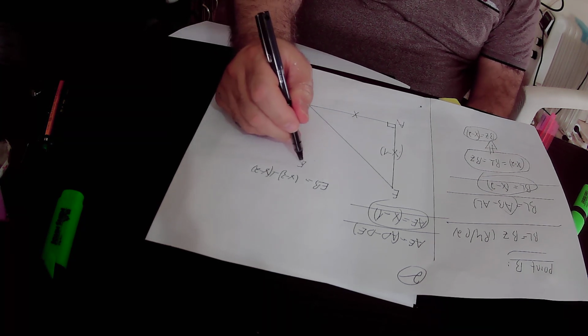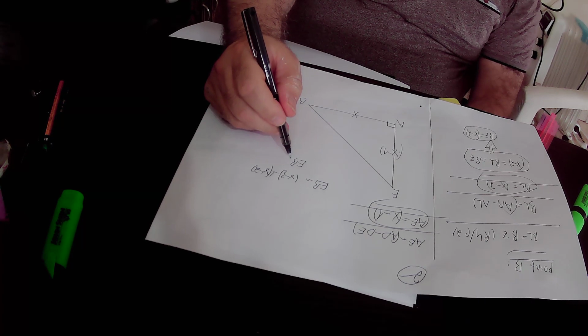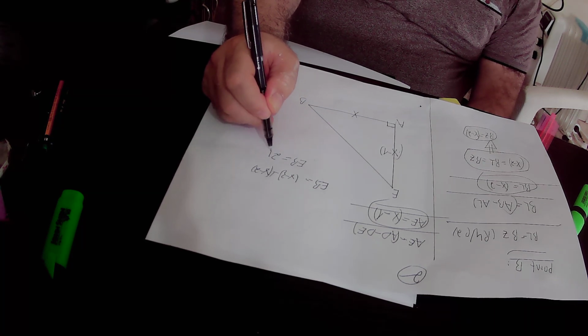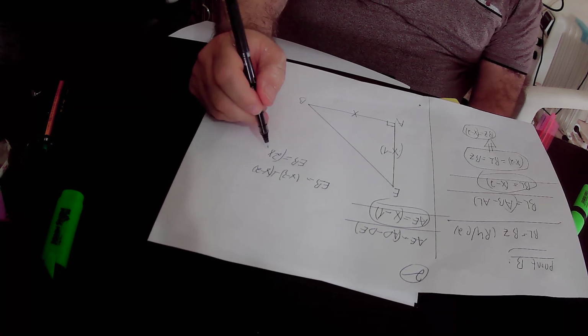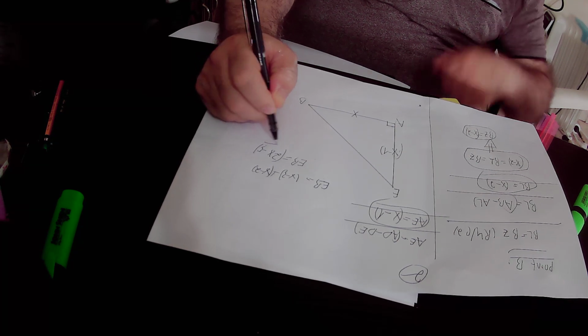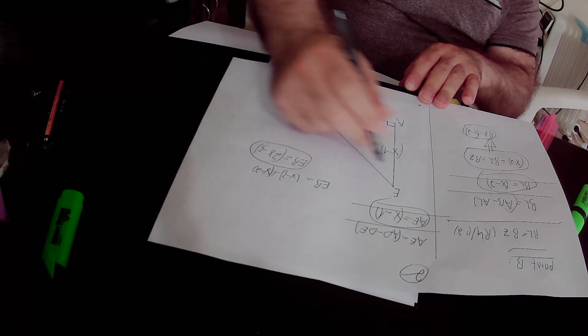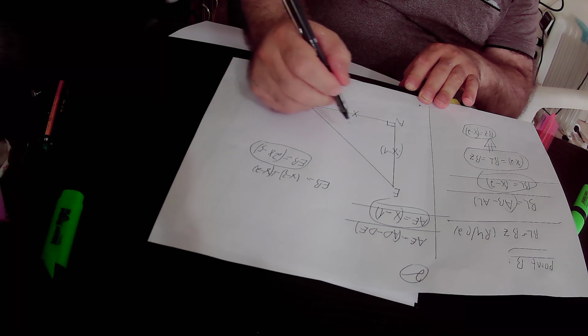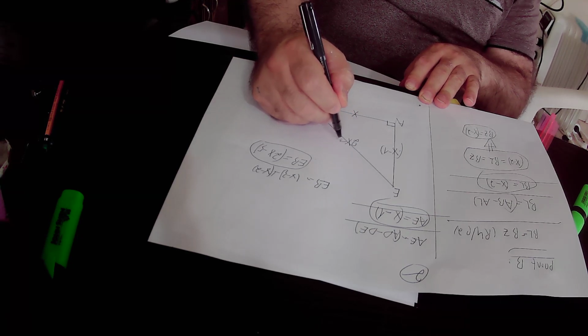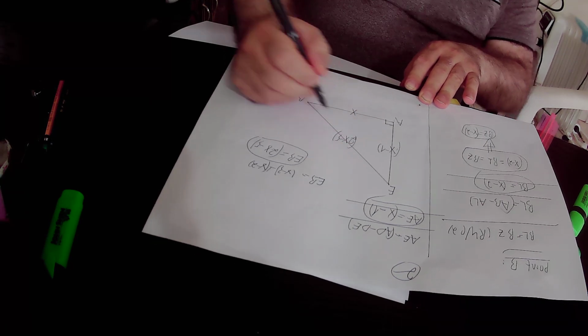That is to say, EB equals x plus x is 2x, minus 3 plus minus 2 is minus 5. So in conclusion, the hypotenuse EB of this triangle AEB equals 2x minus 5 units.